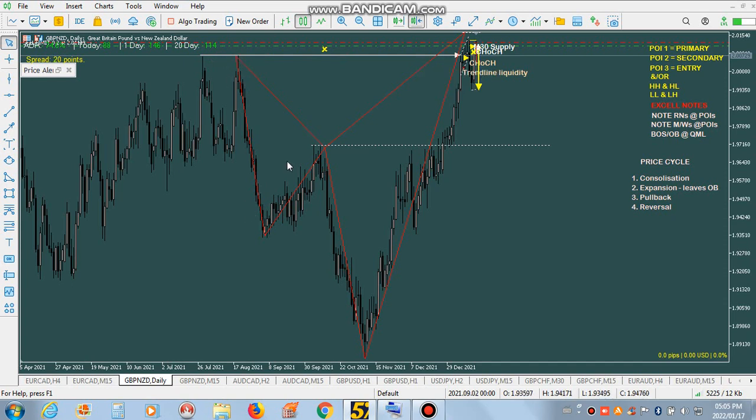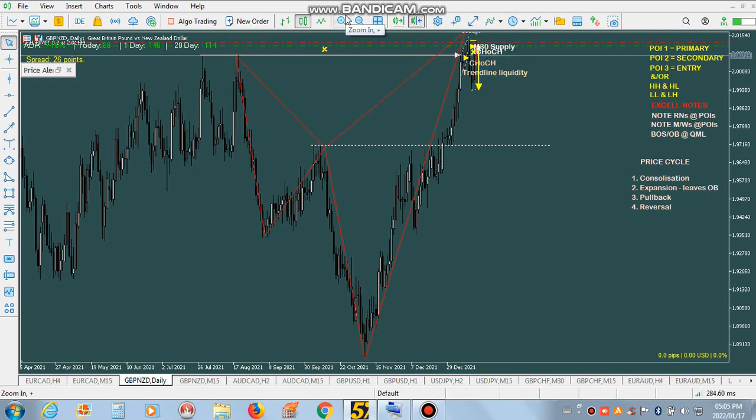Like I said, when I started this channel, I combine price action, BTMM, ICT, supply and demand plus harmonics. I identified this harmonic pattern, which is a bearish Shark.